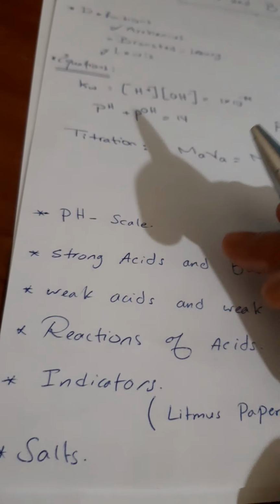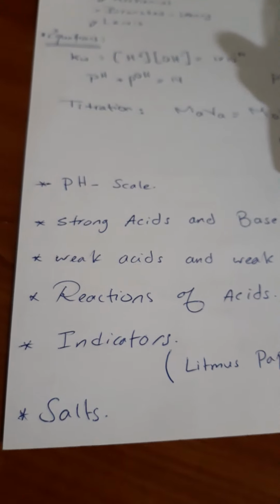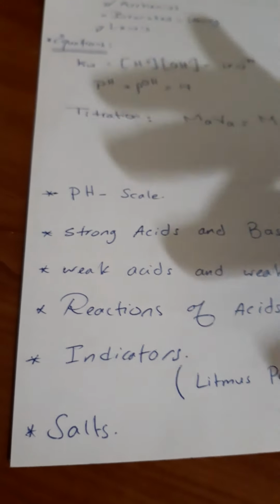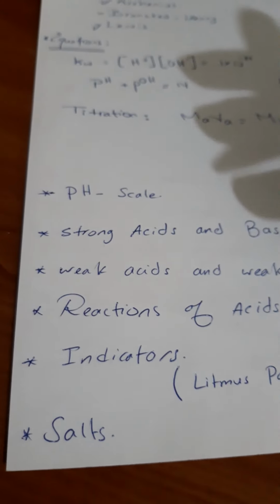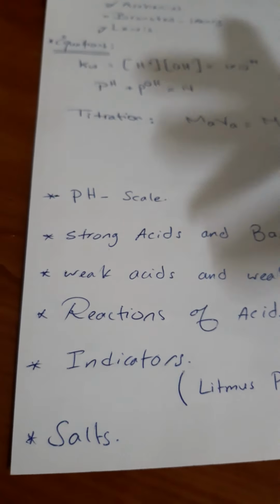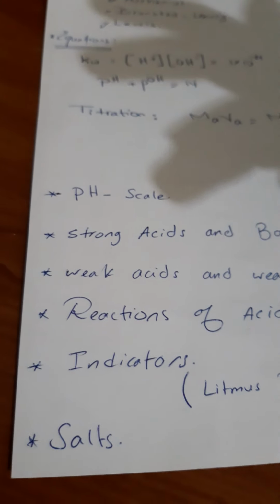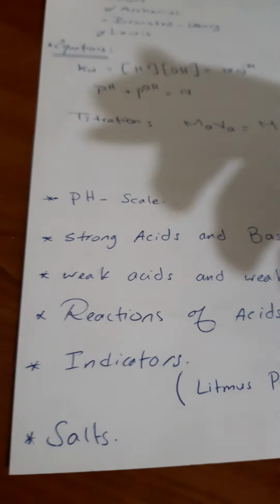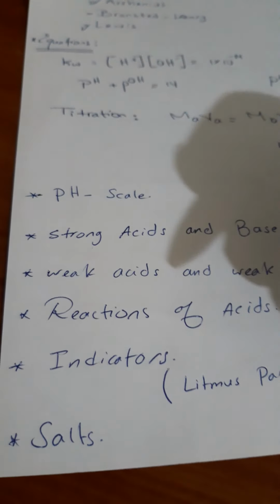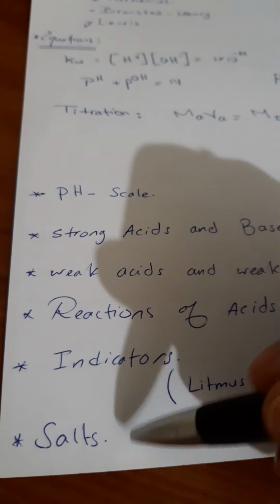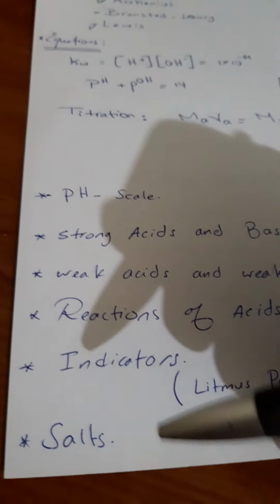Finally, we have the salts. A salt solution is the product of an acid-base reaction. So you need to differentiate the salts as 3 common types: acidic salts, basic salts, and neutral salts. And inshallah, in the next videos I'm going to review how to differentiate the salts.